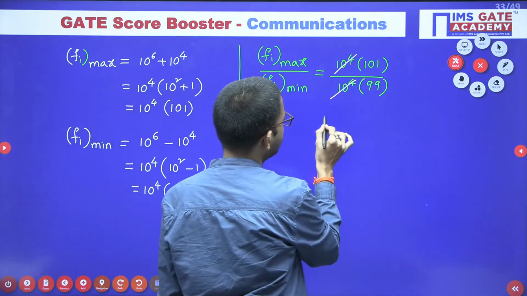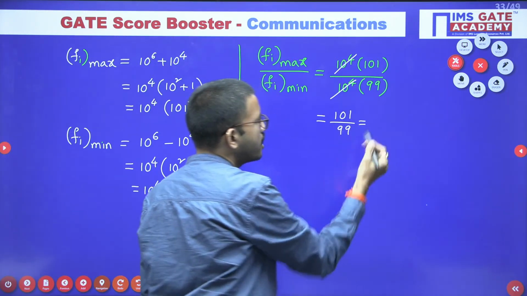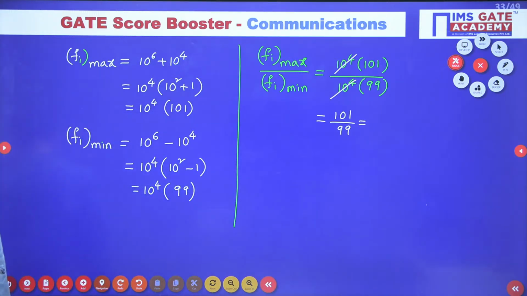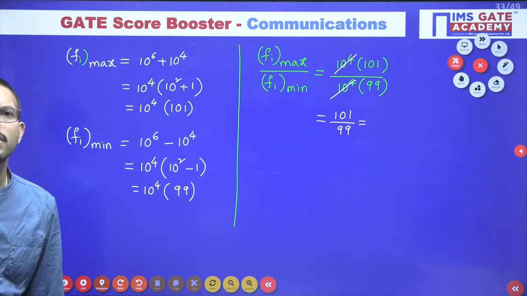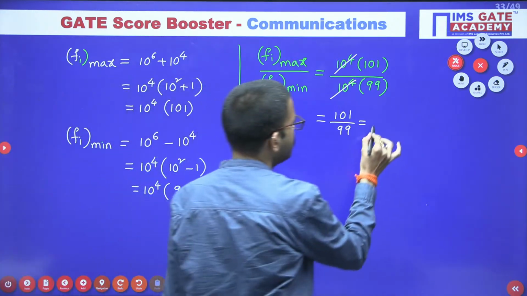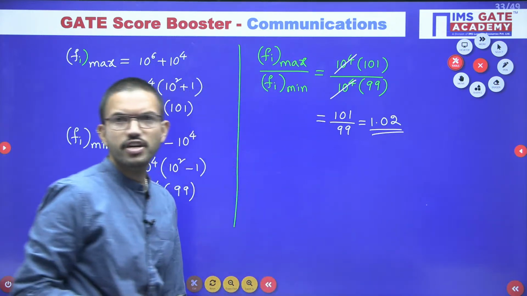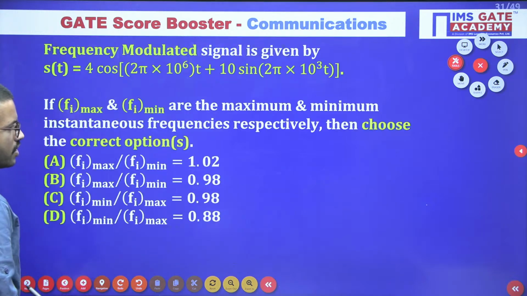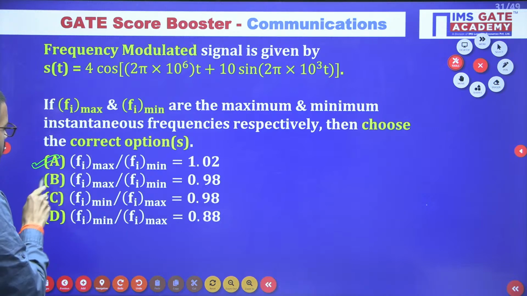You are getting 101 divided by 99. So just do the calculation. How much are you going to get? You can mention your answer in the chat. 101 by 99 is nothing but 1.02. I hope all of you are getting this answer, 1.02. Yes, we have it in option A. So obviously that is correct.